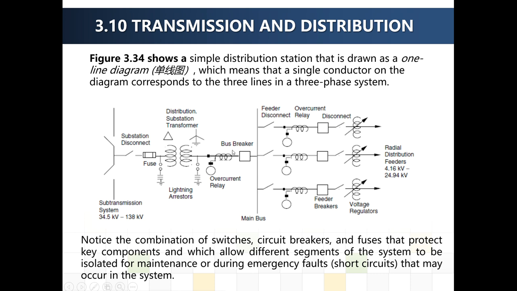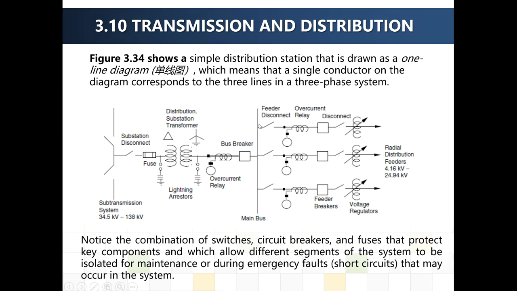They also have this bus breaker and the overcurrent relay. The overcurrent relay detects any fault on the lower voltage side and then opens the breaker to isolate the fault and protect the equipment. And this distribution substation transformer is using a delta-wye connection.